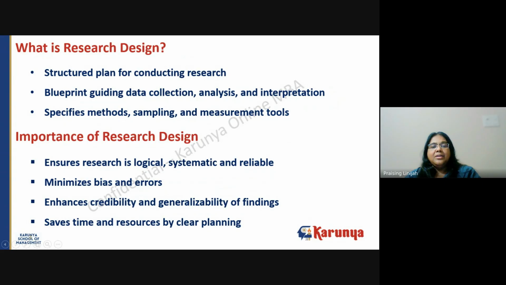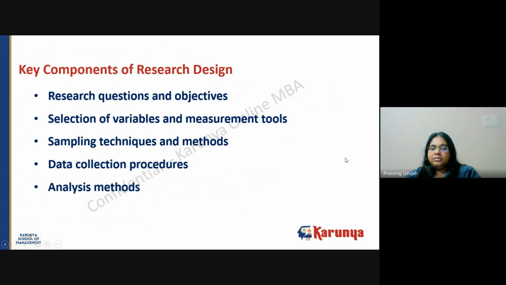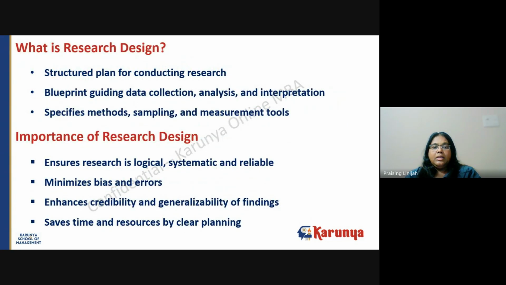But when you have a good research design, it minimizes bias and errors. It enhances credibility. It saves time and resources, and it ensures that your research can be generalized beyond the sample, making it useful for wider decision making.